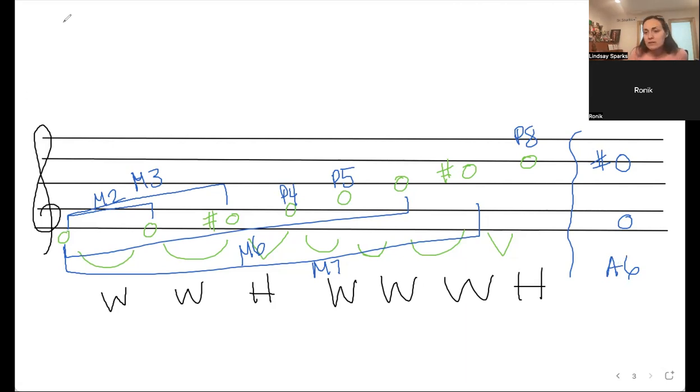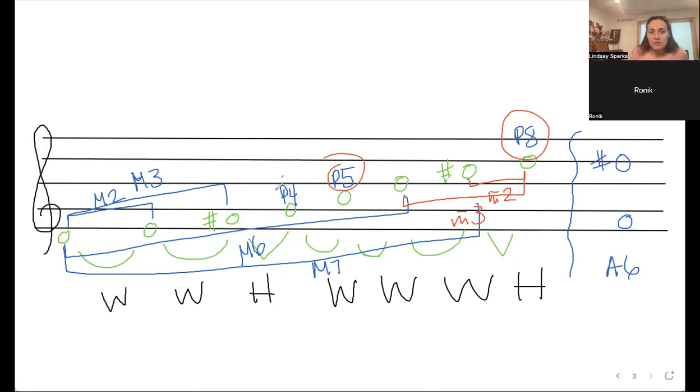For the sake of the minor, we can do a couple of different things. You could think about descending intervals, and those will get you minor interval qualities. So for example, I'm going to do this in red. D to C sharp is a minor second. D to B is a minor third. We always have perfect fifths, always have perfect fourths.